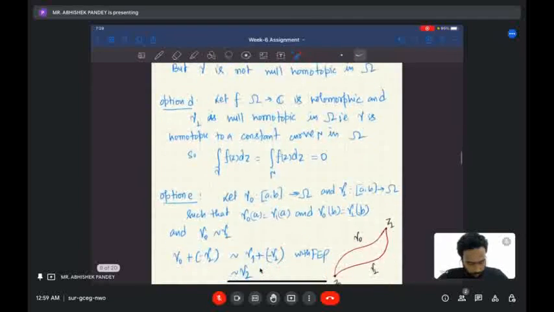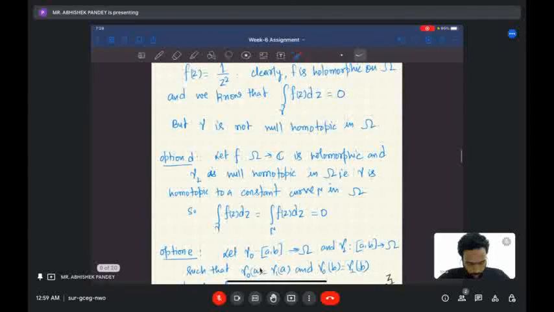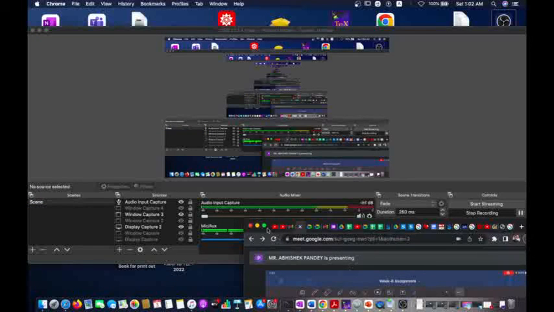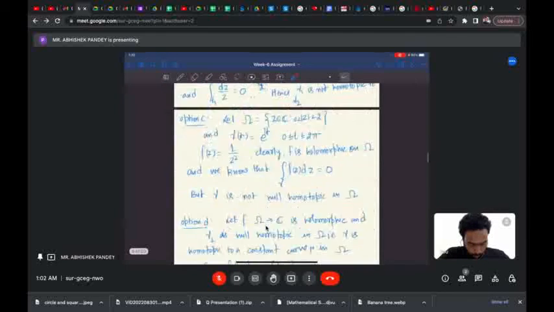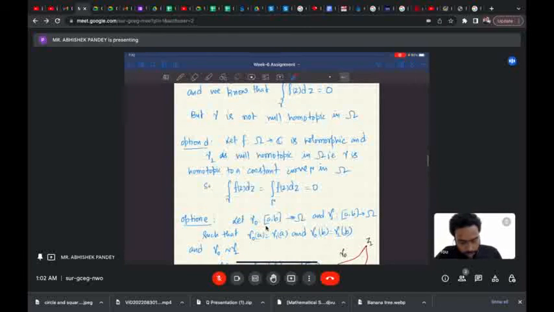So f is holomorphic and gamma is null homotopic in omega, that is, gamma is homotopic to a constant curve in omega.